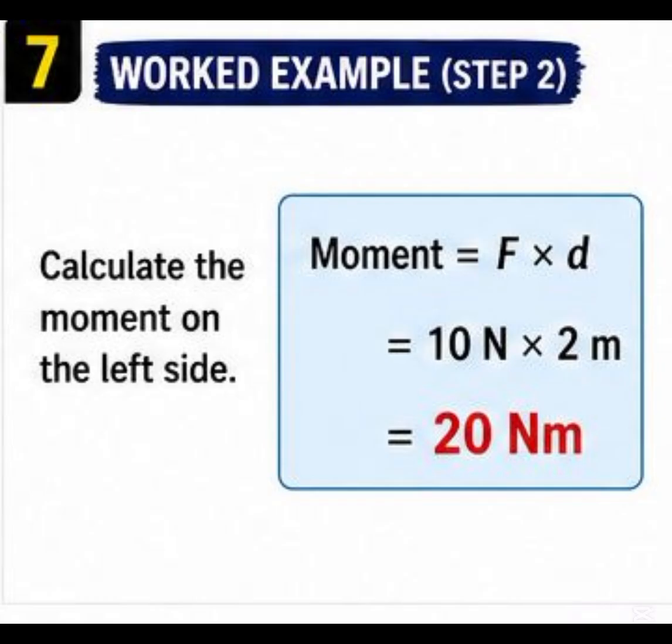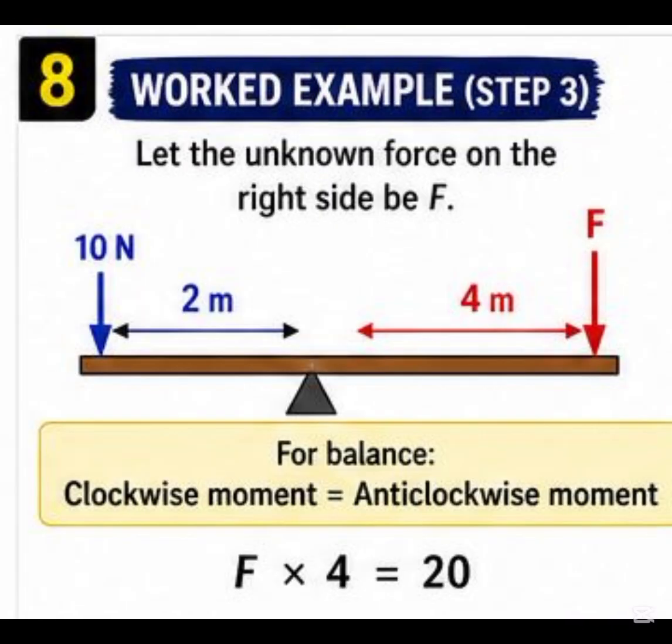From that we are going to equate with the unknown, which we assign as F, for it to balance with the 20 newton meters. Then we take the perpendicular distance from the pivot to the point where that force is acting. Therefore we take our force F, and multiply by 4 meters.